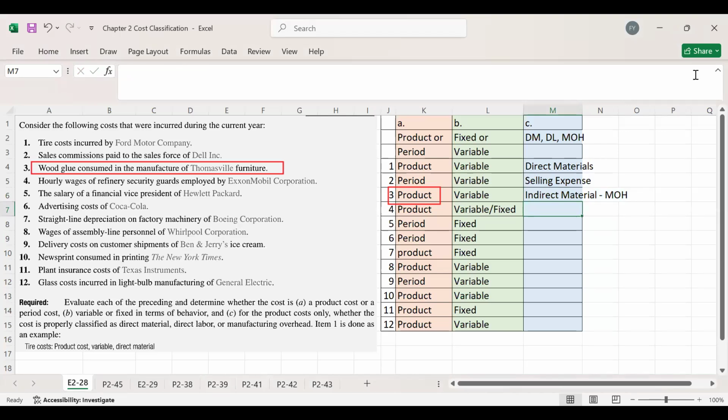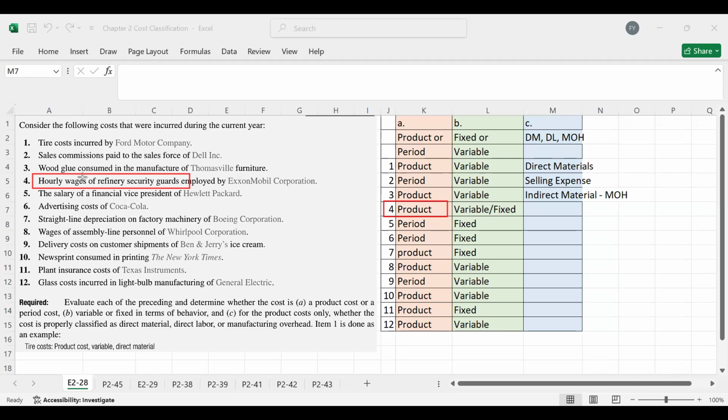The next example is hourly wages of refinery security guards. So we are talking about production cost, because refinery security guards are the main factory area guards.